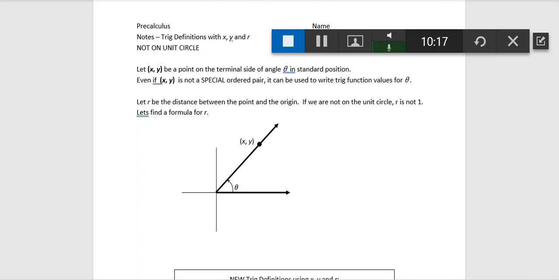So, here's one way to think about this. Tangent is y over x. So when I see that my tangent of the angle is 5 over 3, and I'm in quadrant 1, that must mean this ordered pair must have been 3, 5, or something that's related to 3, 5.